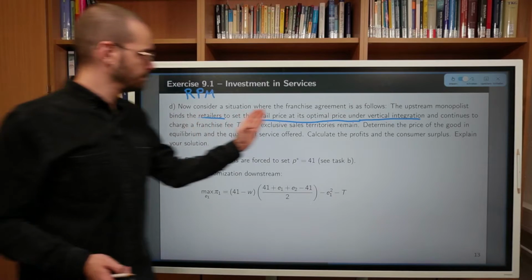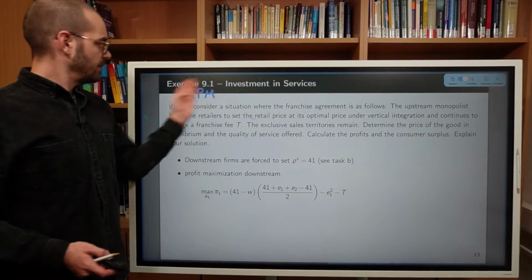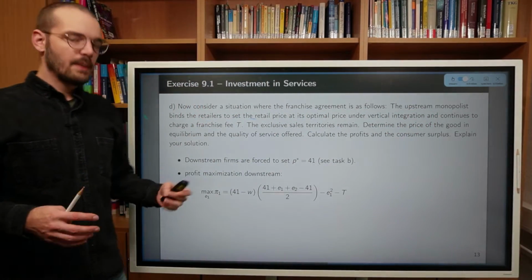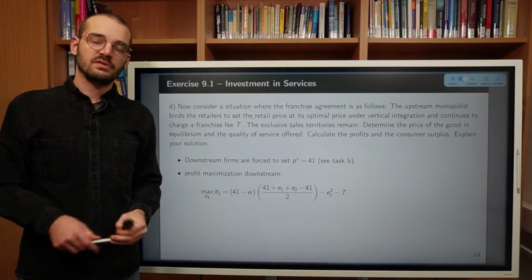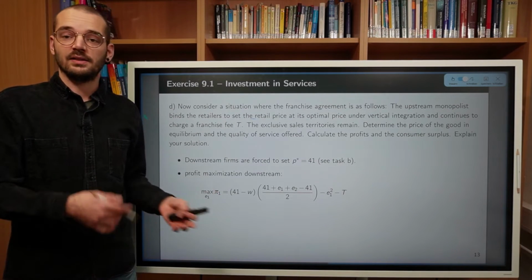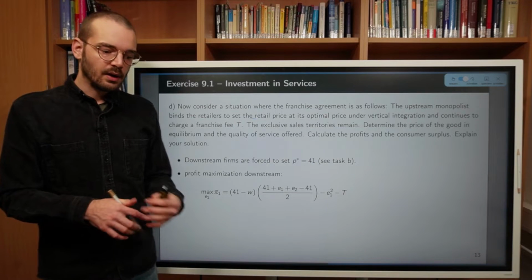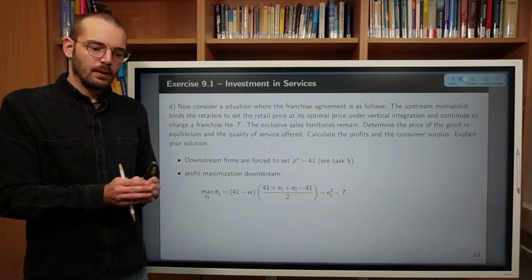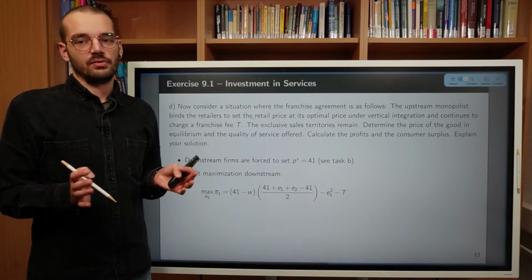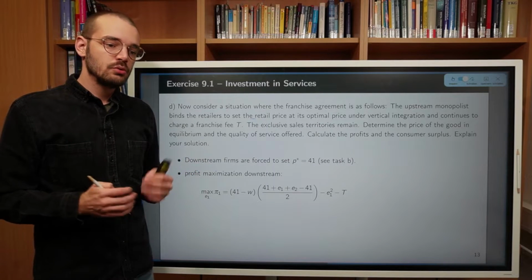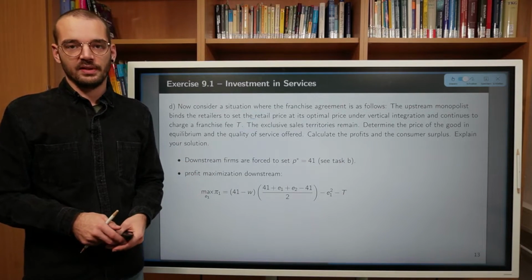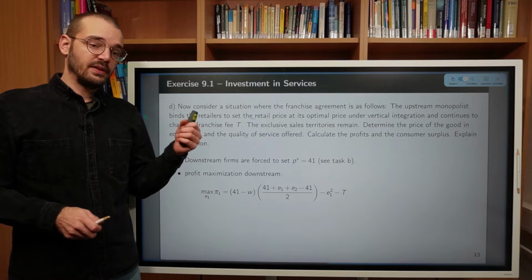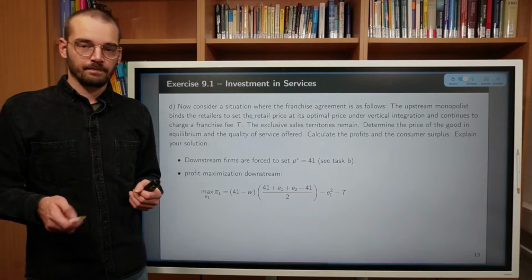All right, so, of course, if you remember the profit maximization problem downstream that we were analyzing over and over again, we always had the case that in the baseline situation, the downstream firm maximizes their profit by choosing the amount of services and the price.